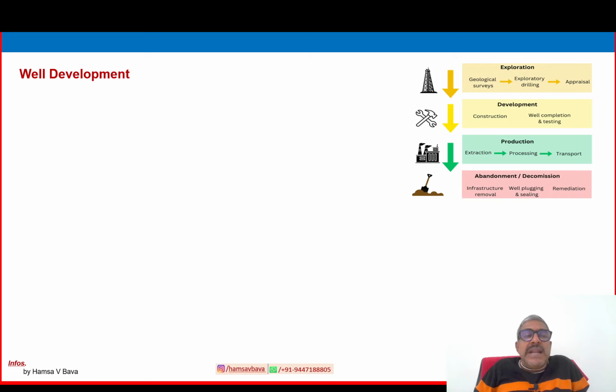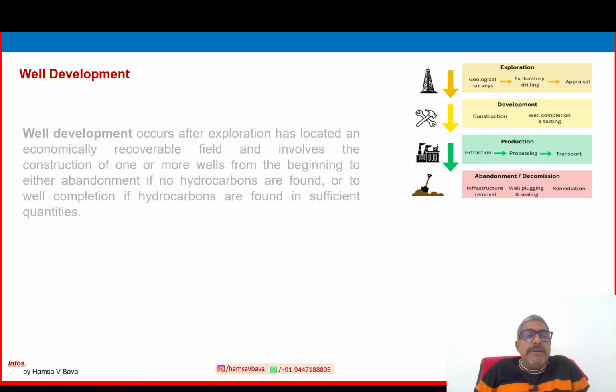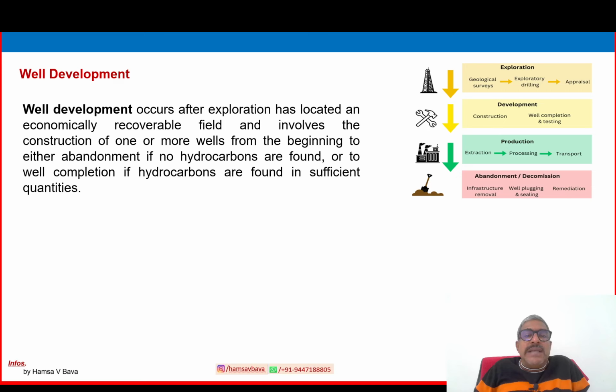Then once the drilling is finished, well development takes place. The next process is well development. Well development occurs after exploration has located an economically recoverable field, and involves the construction of one or more wells from the beginning to either abandonment, if no hydrocarbons are found, or to well completion, if hydrocarbons are found in sufficient quantity.